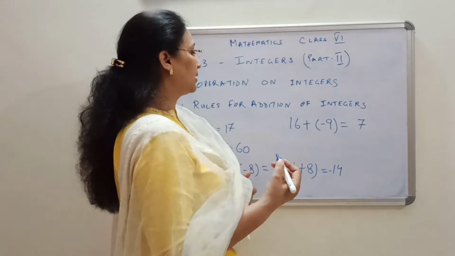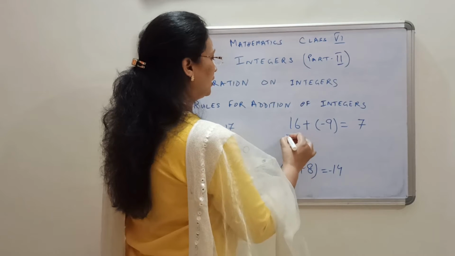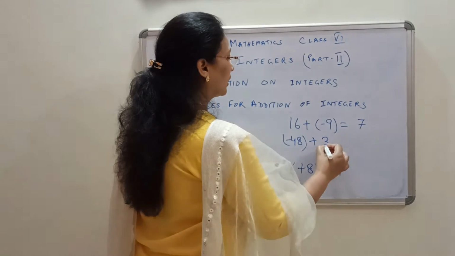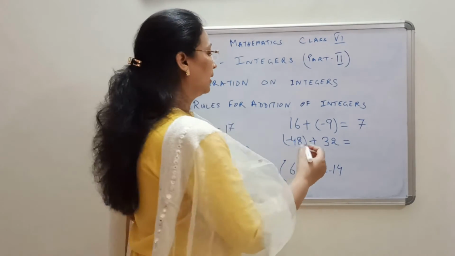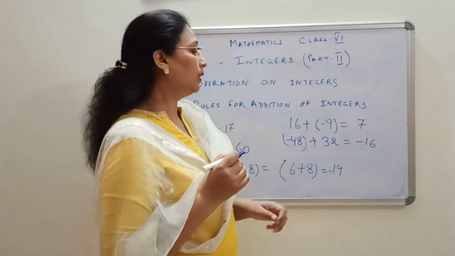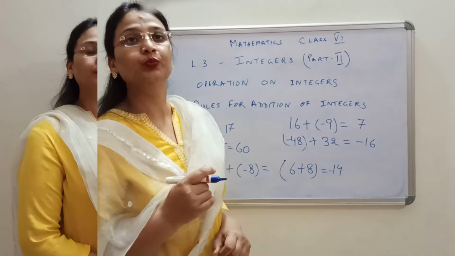Then take another example: (-48) + 32. You write -16. Why do you use the minus sign here? Because 48 is bigger than 32.